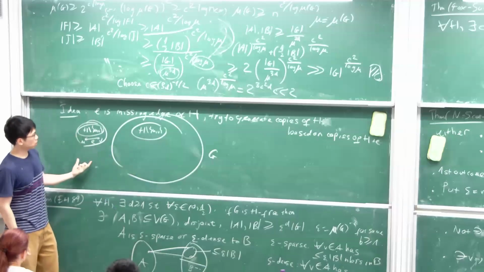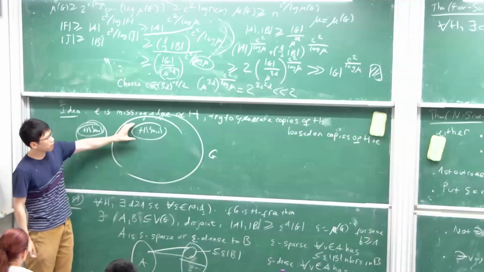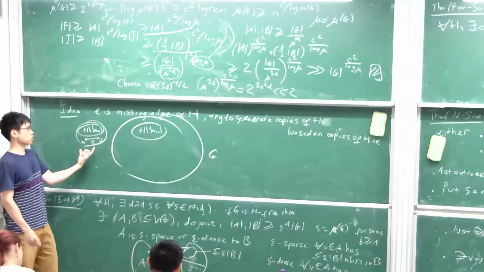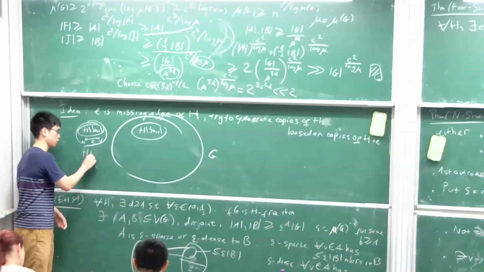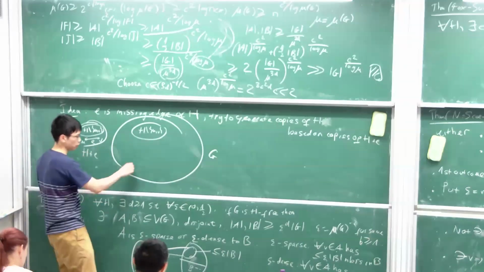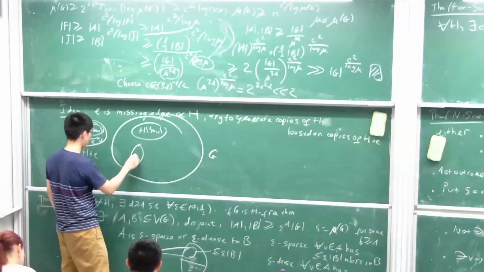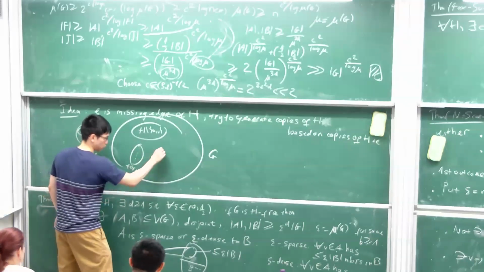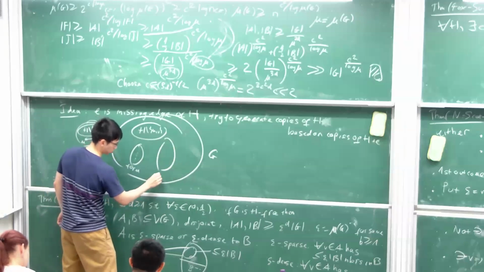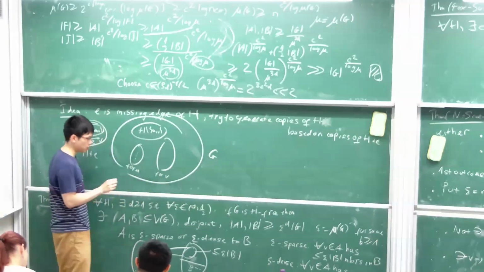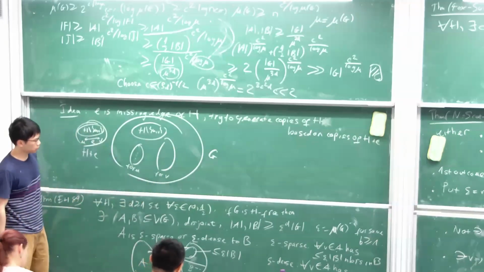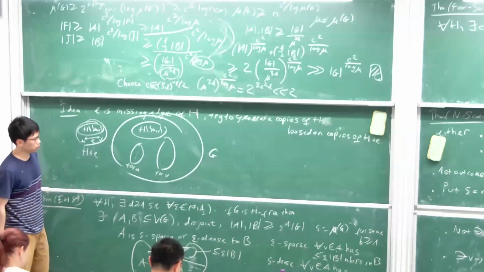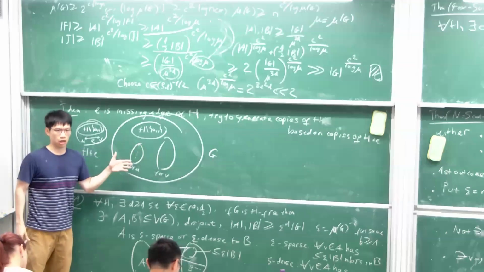Right? And not only that, there actually should be many copies of H minus UV, which can be extended many ways to a copy of H plus E. So now I look at the candidate set for U. And this is a set of candidates supposedly for V. To avoid technicalities, let me just assume that U and V have different neighborhoods in H, so that these two sets are disjoint.